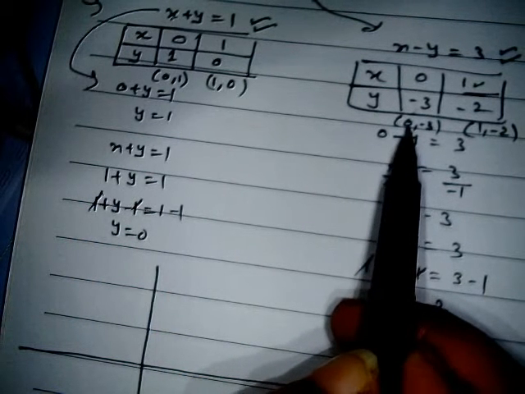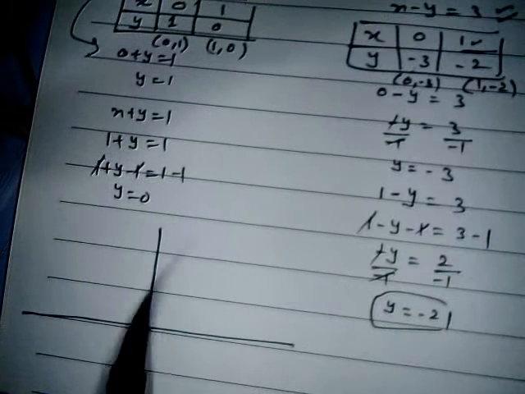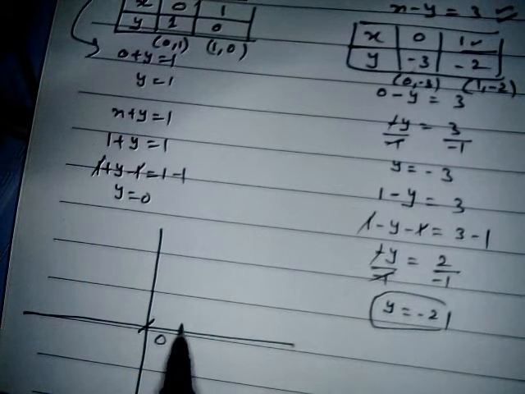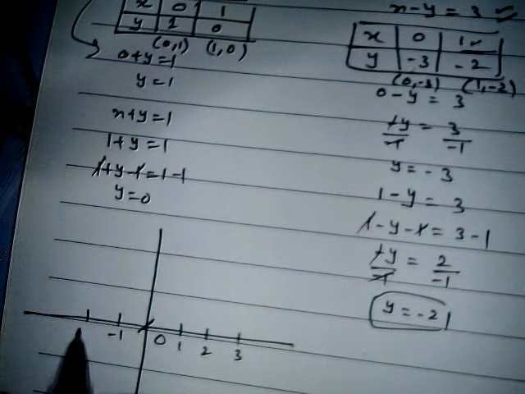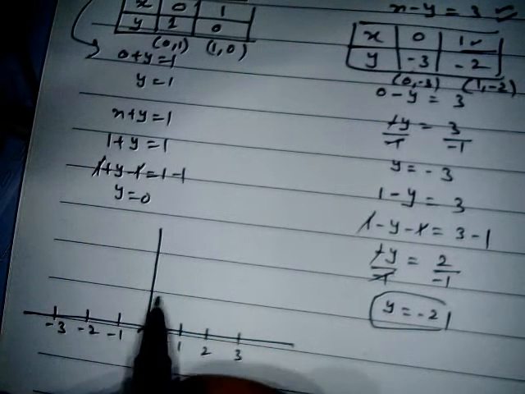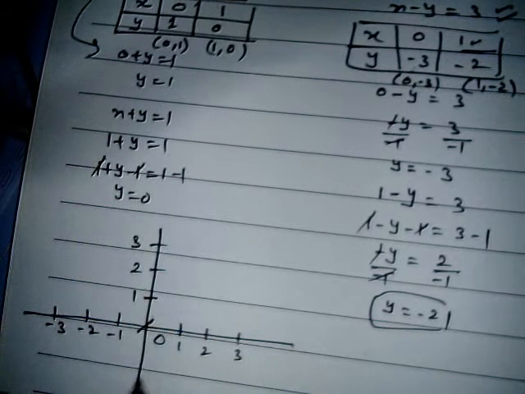So this is 1, 2, 3, and negative 1, negative 2, negative 3 on the negative side. Okay, now I'm going to plot the coordinates one by one.